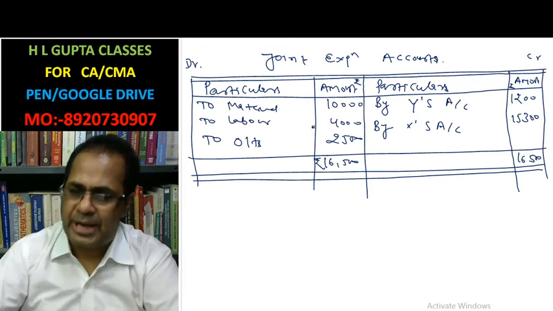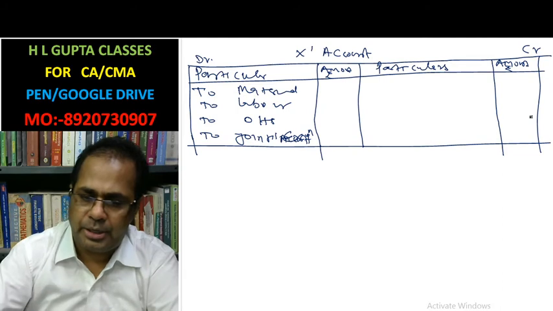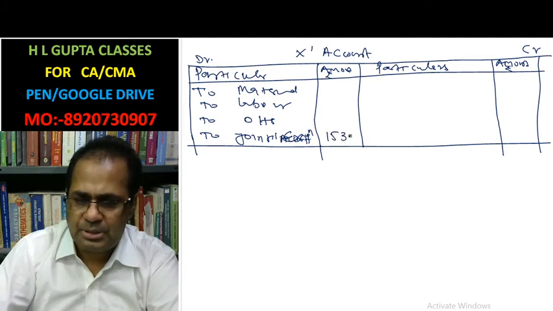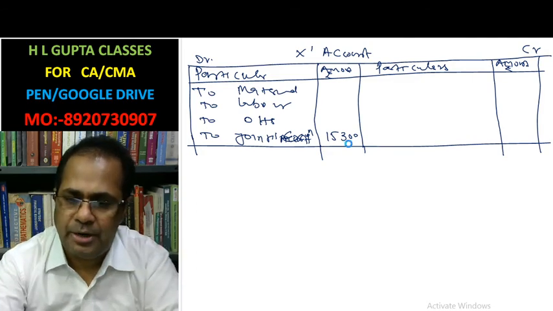Joint expenses for X we have calculated as 15,300. What is the expenditure of material, labor, overhead of X?